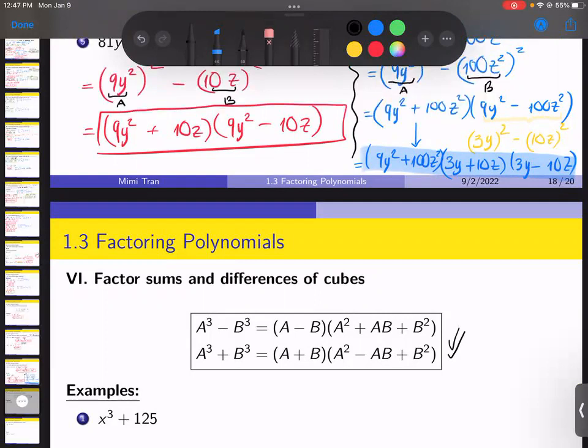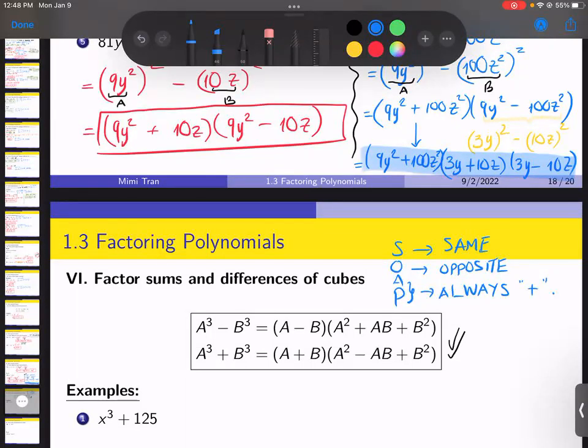Does anyone know what soap is? Well, the one that you wash your hands with, but in this case, SOAP is going to represent the signs. It represents same, opposite, and always positive.